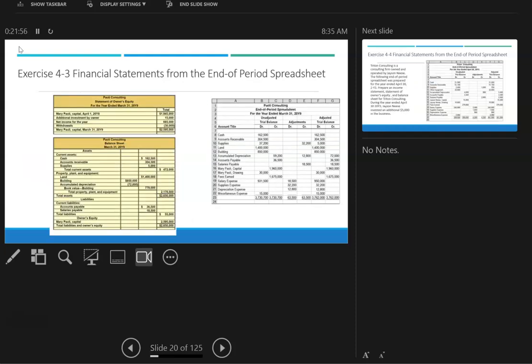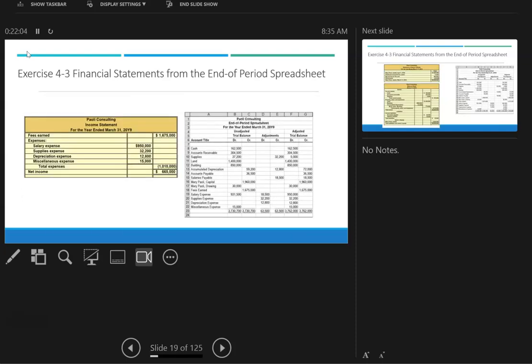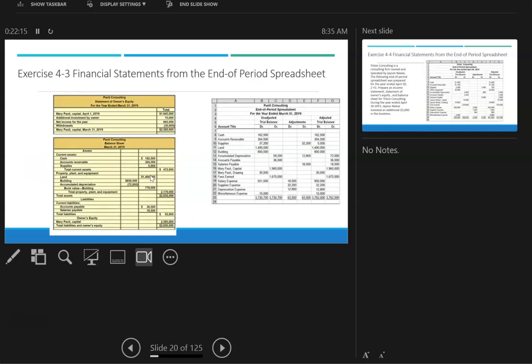Now that we have the income statement showing net income of $665,000, we need that number to put into the owner's equity statement.